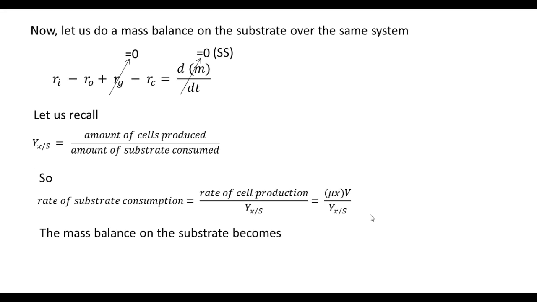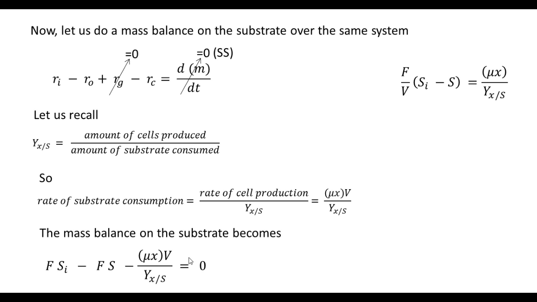So the mass balance on the substrate becomes: the input is F times Si. From the total mass balance, we derived that Fi equals F naught, say F. So F times Si minus F times S in the outlet minus mu xV divided by Y x/s equals 0. If we consolidate the terms appropriately, F into Si minus S is mu xV by Y x/s.